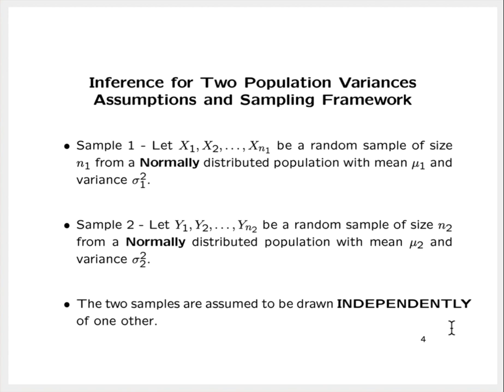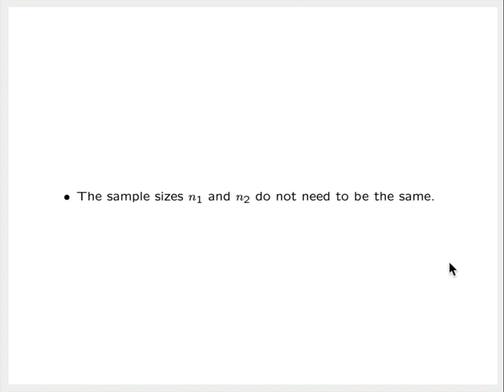In other words, these are not paired samples. These are stochastically independent samples. We are subscripting the sample size because we're going to allow the sample sizes to be different. There's no reason that the sample sizes would need to be the same.